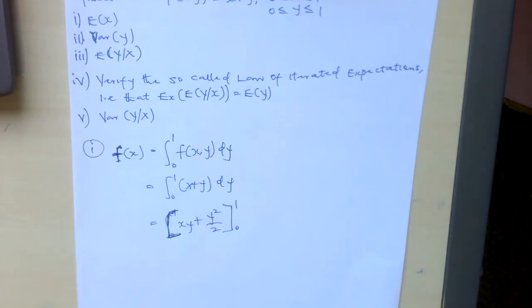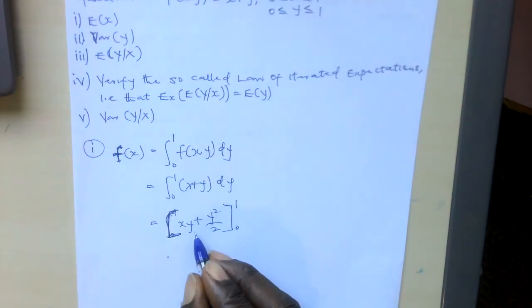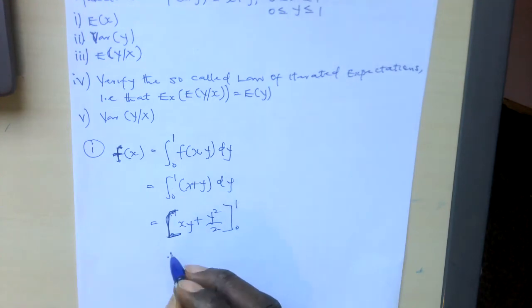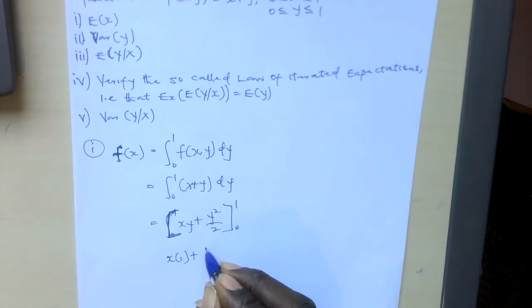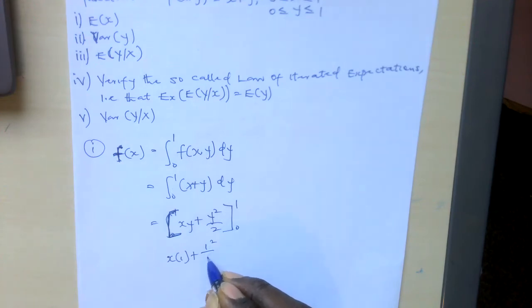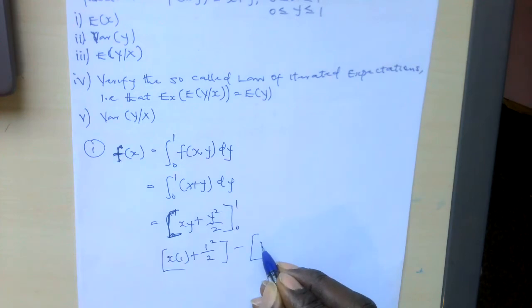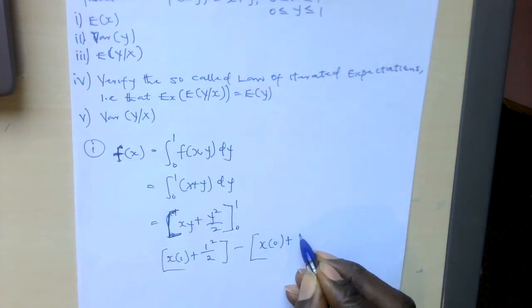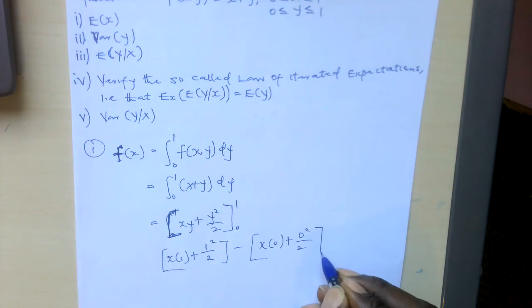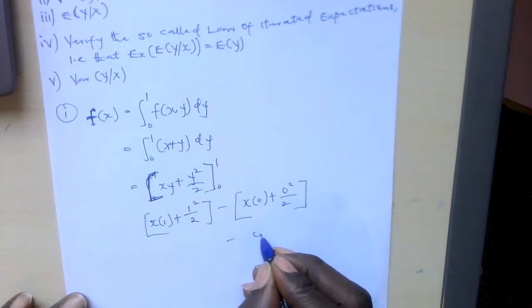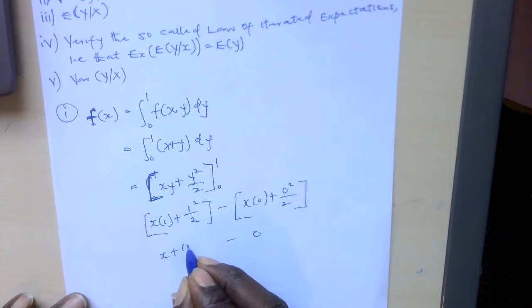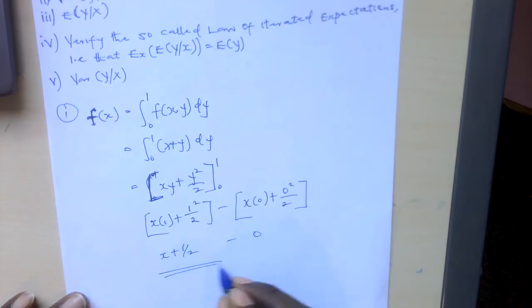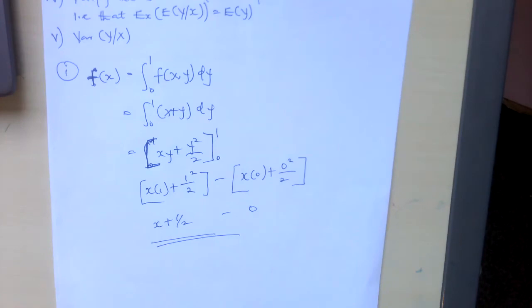Putting 1 in for y, we have x times 1 plus 1 squared over 2, minus x times 0 plus 0 squared over 2. All of these become 0. This becomes x plus 1 over 2. So we know that the PDF of x is now x plus 1 over 2.